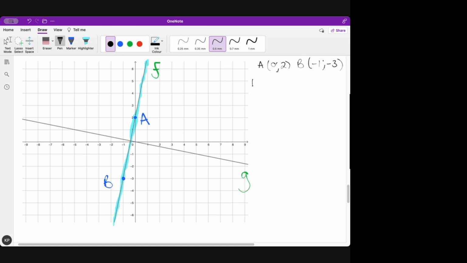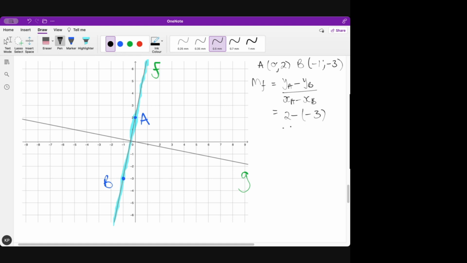Great. Now let's look for the gradient. The m of f is equal to the y of a minus the y of b divided by the x of a minus the x of b. What is my y of a? That would be 2 indeed, minus the y of b, which is negative 3. And yes, there are double negatives because of the one in the formula and because of the coordinates.